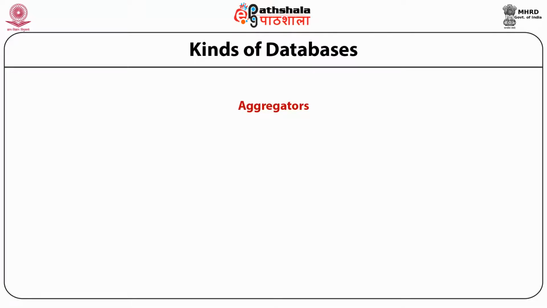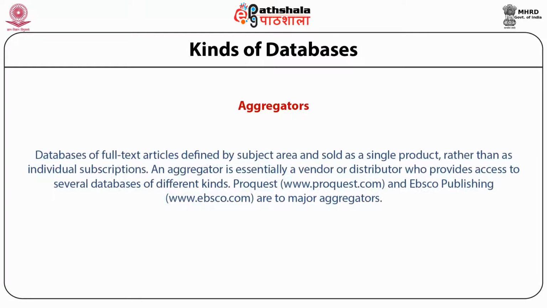Aggregators. Databases of full text articles defined by subject area and sold as a single product rather than as individual subscriptions are aggregators' products. An aggregator is essentially a vendor or distributor who provides access to several databases of different kinds.